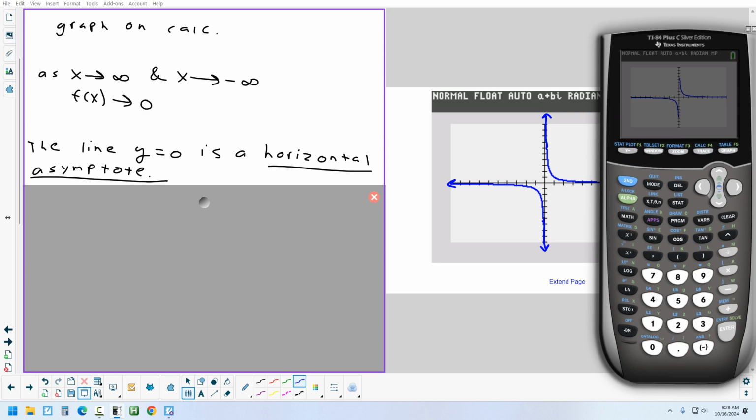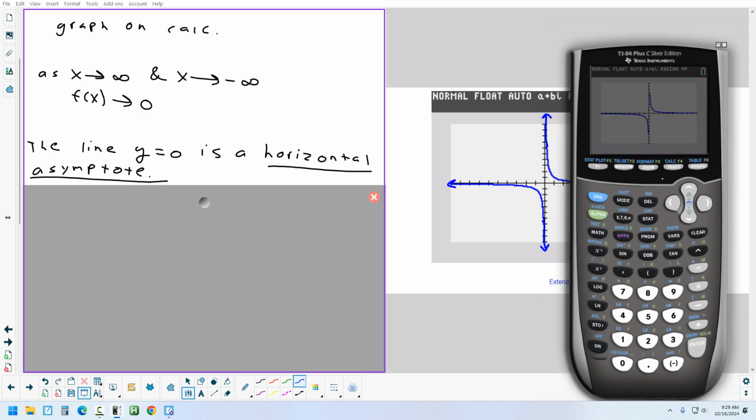And the equation for the x-axis is y equals 0. Now, if you weren't sure that it was an asymptote, what would be a good value I could plug in for x to check and see what the y value is, if I wanted to examine the behavior as you head right?